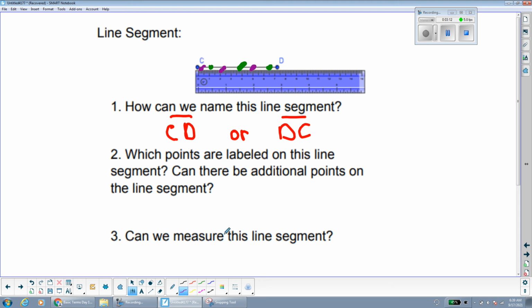Can we measure this line segment? What do you think? We can measure this line segment. The reason that we can measure a line segment is because it has two endpoints. It does have a starting and a stopping point. So that means the whole line segment is measurable because it only takes up a certain amount of space. So we could actually look at the ruler. C is at 0, which makes our life a lot easier.